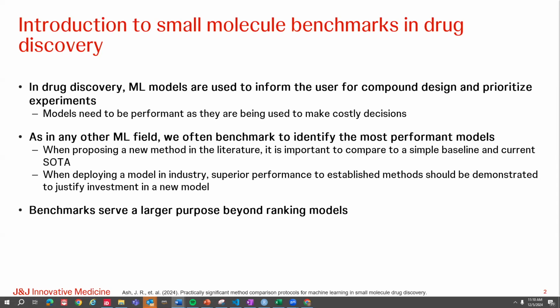When deploying a model in industry, we often have established methods that are already in production. In order to justify the investment in a new model, we need to demonstrate a substantial improvement over the existing method.